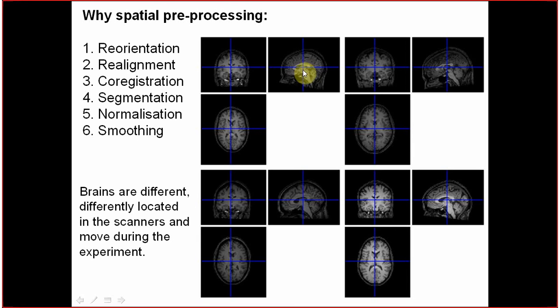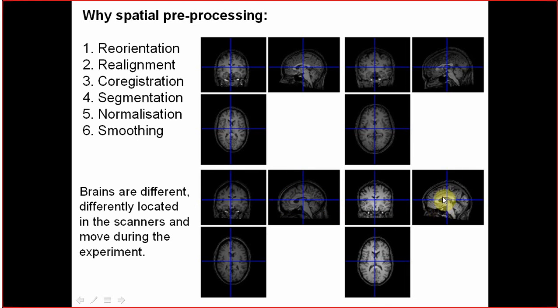The location of the brains in the scan differs from one experiment to the other, and even inside the same experiment the subject can move inside the scanner, which makes the position of the image non-consistent. And if you don't want to get an artifact, you have to orient all the brains in the same way.